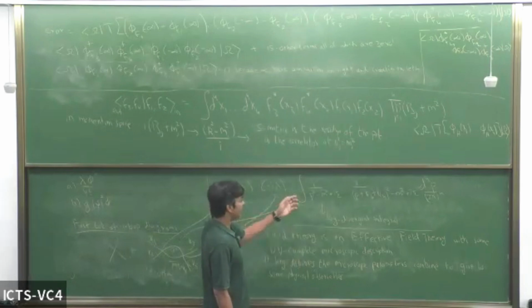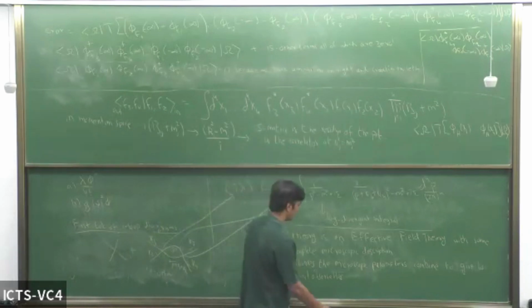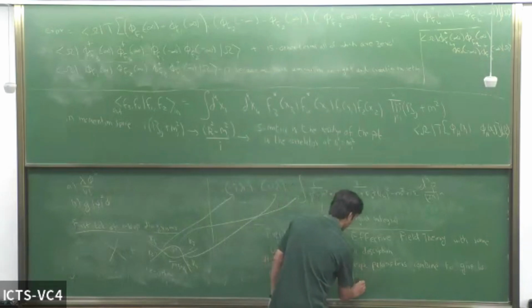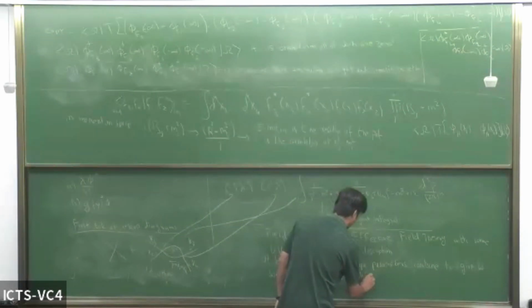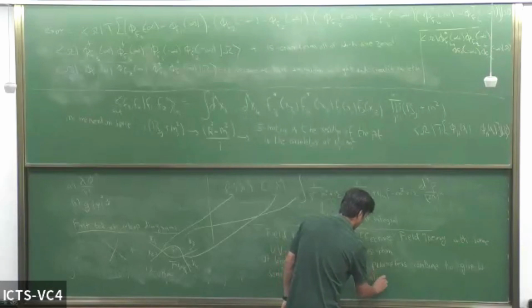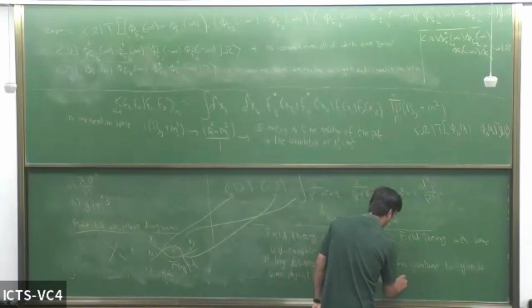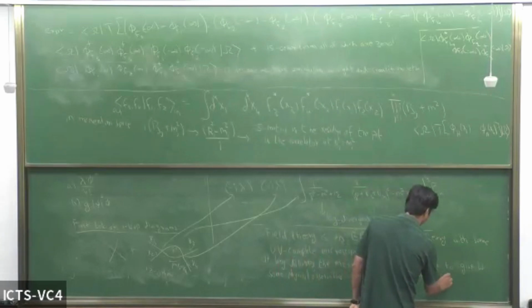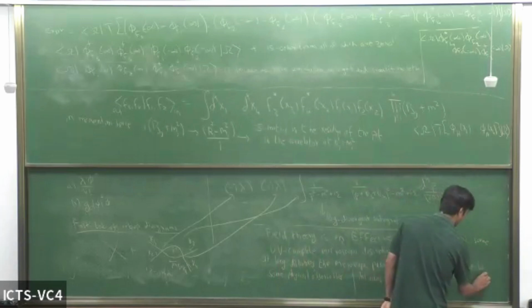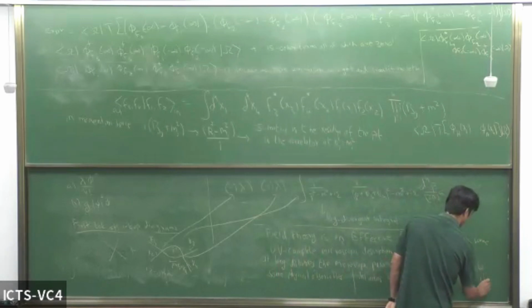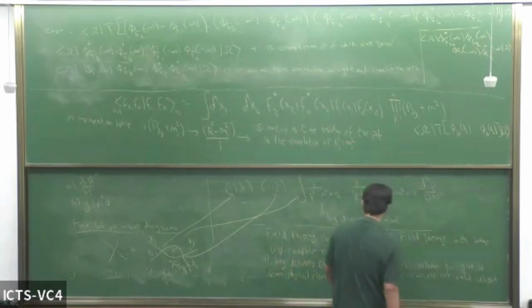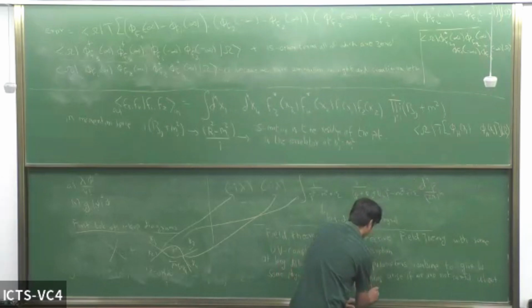So this infinity we now think of as arising, these infinities, they arise if we are not careful about relating physical observables.